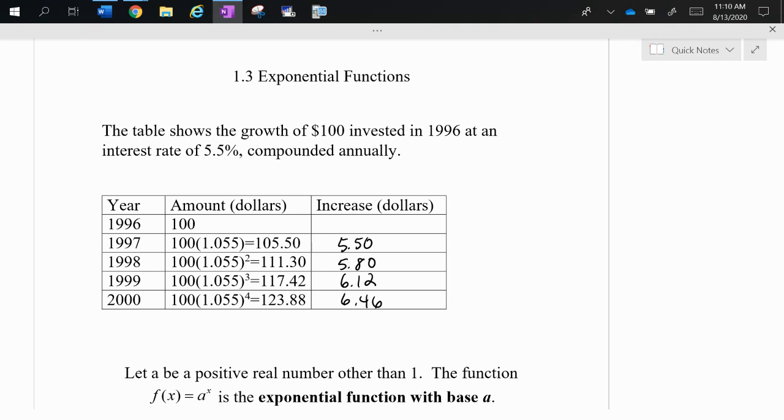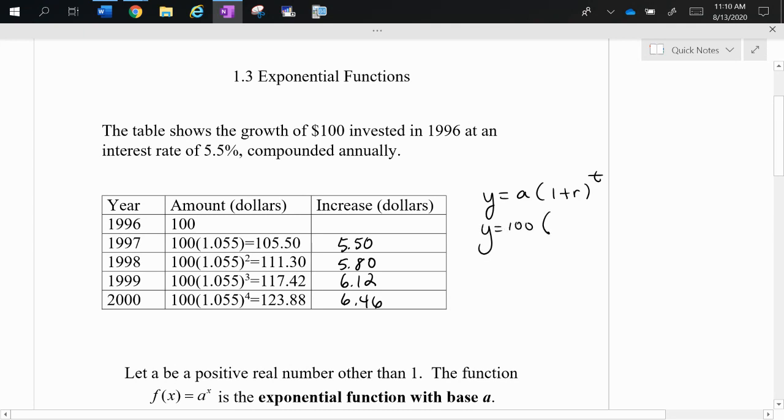So the function looks like this, and this should look familiar to you. We had $100 as our initial amount, and the interest was 5.5%. So 1 plus 5.5% would be 1.055 to the t power. So this is the function we're dealing with here.